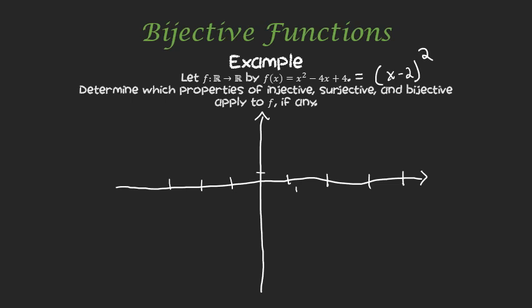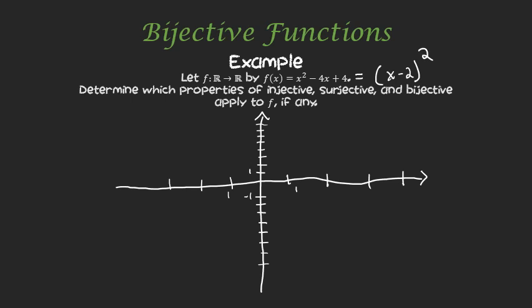Let's go 1, 2, 3, 4, 5, 6, 7, 8. Sure, let's do that. And then negatives, -1, -2, -3, -4, -5, -6, -7, so that my scale is clear. All right, let's graph this.